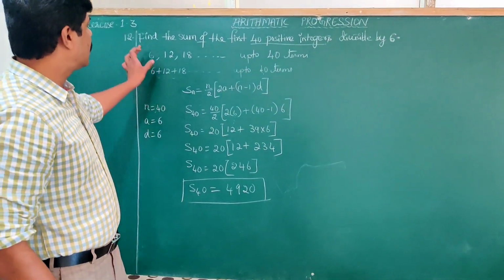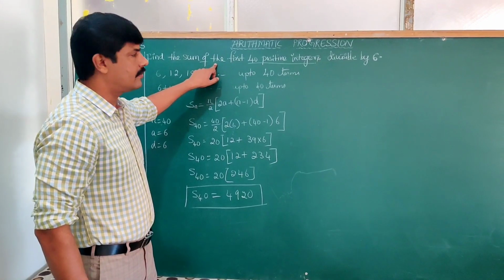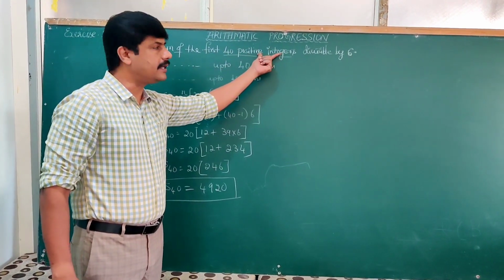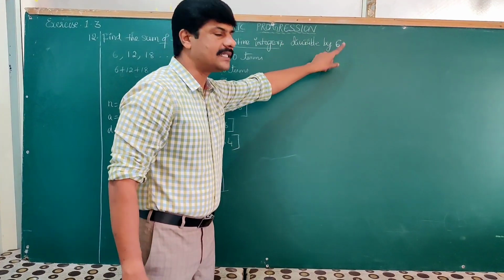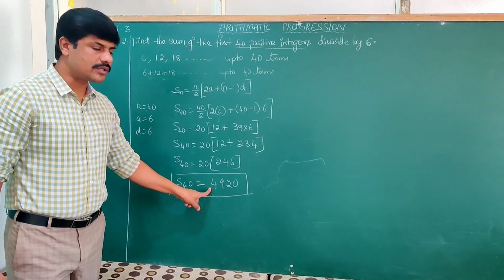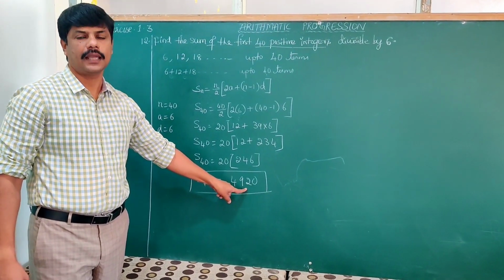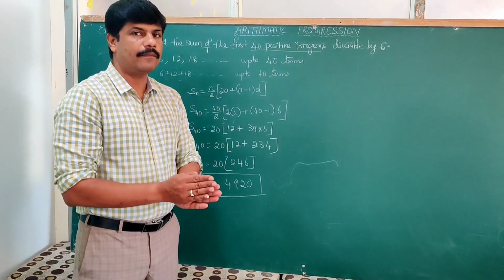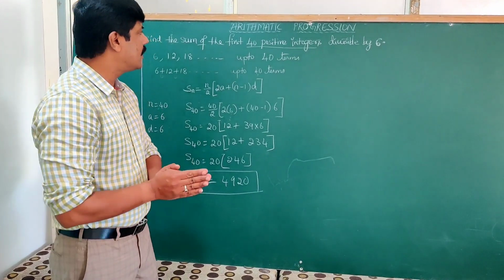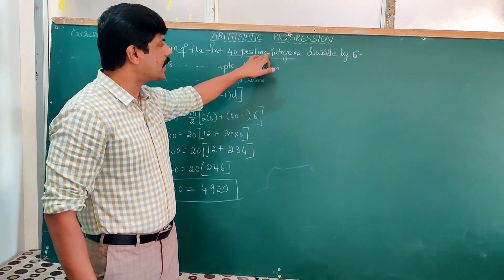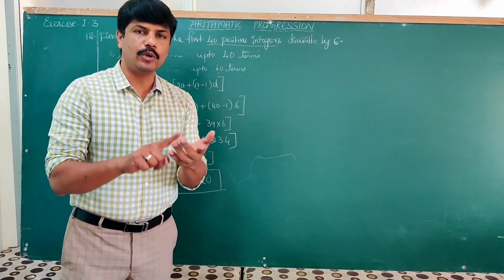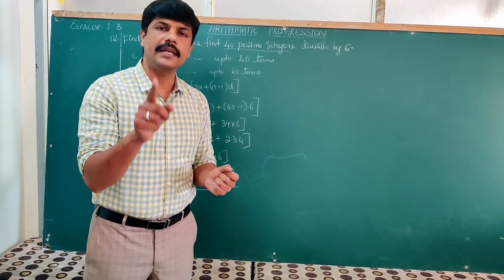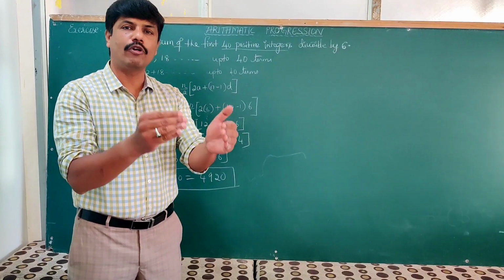Thus, the sum of the first 40 positive integers divisible by 6 is 4920. Understand, children? It's a very easy problem, application type. What you need to do is, instead of the first 40 positive integers divisible by 6, make it divisible by 7, 8, 9, 10, 3, 4, everything.